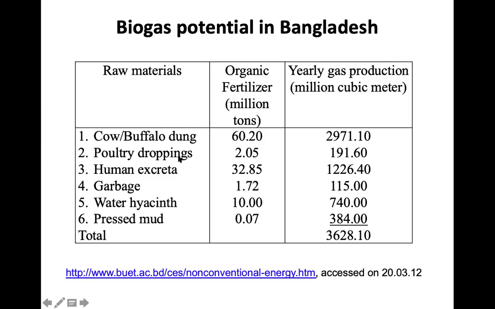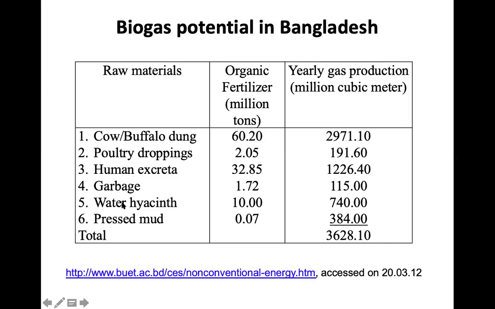The poultry industry has also increased, and most of the big poultry farms are producing biogas from poultry droppings. Human excreta has not yet been explored as a source of biogas, maybe due to social and other connotations here, but it is really a big source because our human population is increasing. The big problem is how you can channelize the human excreta for making energy.